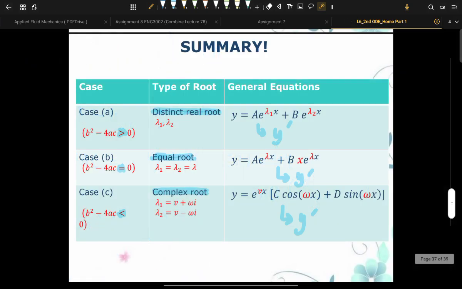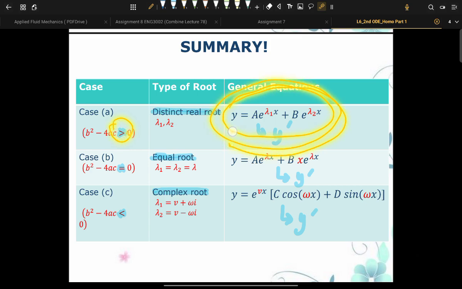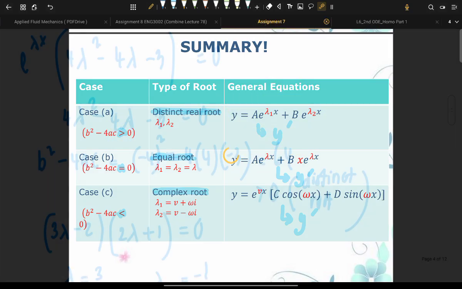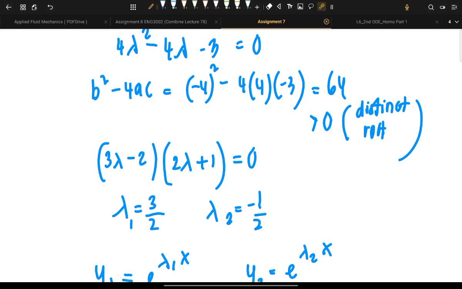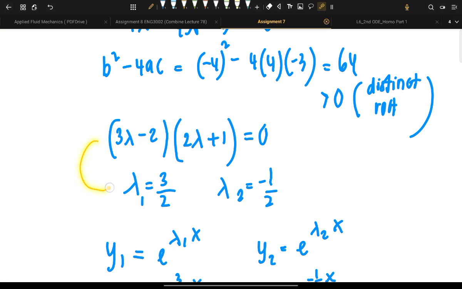In your mind, you need to know that when it is bigger than 0, it has this general equation. I use the calculator, or you can use the quadratic formula, and then you get the answers lambda 1 and lambda 2.